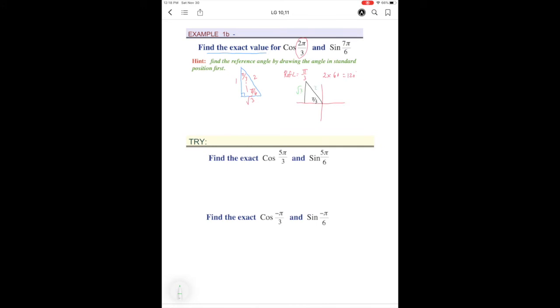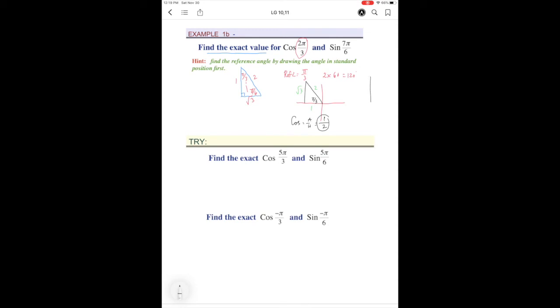Remember, root 3 is opposite this guy, and this is 2, and this is 1. Now I can answer the question. We are dealing with the first one, cosine, which is a over h. So my a is 1, and my h is 2. So there's the answer for the first one.